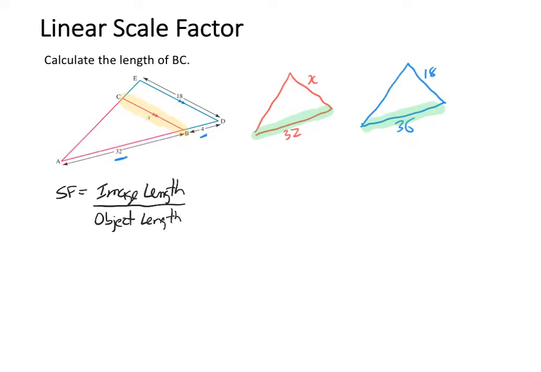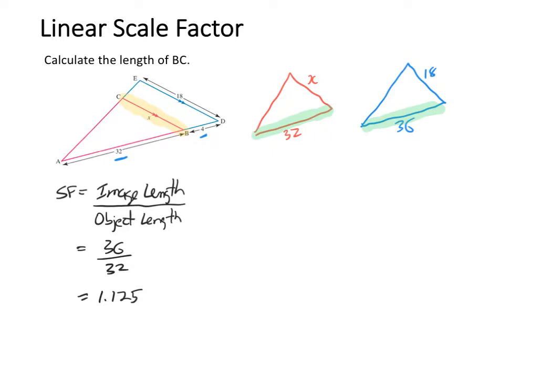Because we don't know in the question which one is image and which is object, we can use any value for image and object. I normally use a larger value for my image. So 36 divided by 32 equals 1.125. So my scale factor is 1.125, which means my bigger triangle is 1.125 times the size of my smaller triangle.